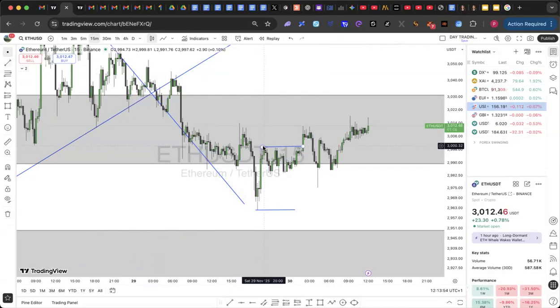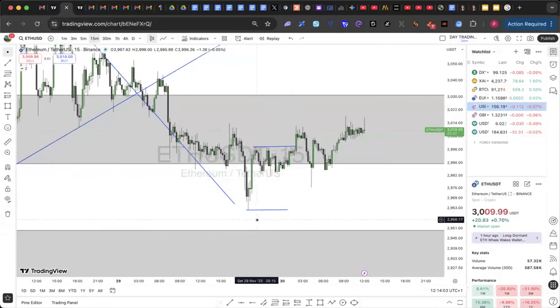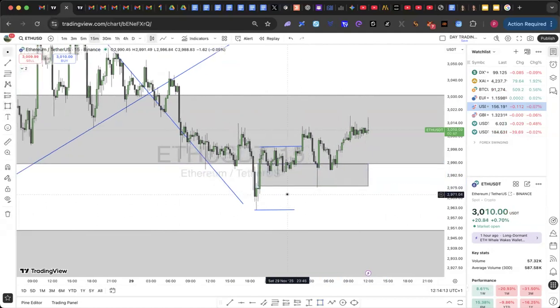And then the market pulled back and actually broke this structure, which is a shift in market structure. Now, what you want to find is that the market that travels back should come and mitigate any other block and any fair value gap.